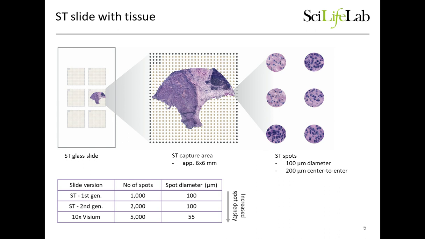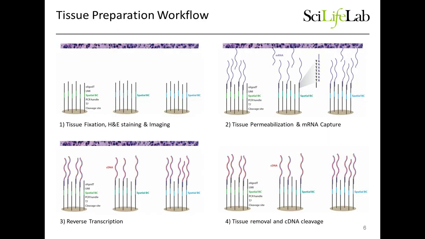We have since then upgraded our slides to 2,000 spots for more recent projects, and the 10x Visium slides have increased to 5,000 spots per capture area. On the 2K slide, the spot diameter is the same, but they are closer to each other. And on the 10x Visium slide, they are both smaller and denser, providing higher spatial resolution. I will come back to the 10x Visium slide a little later, so stay tuned.